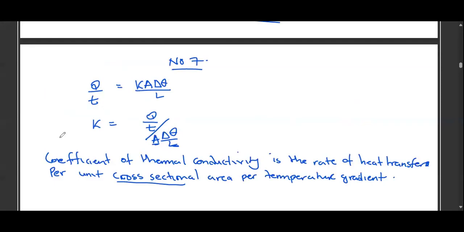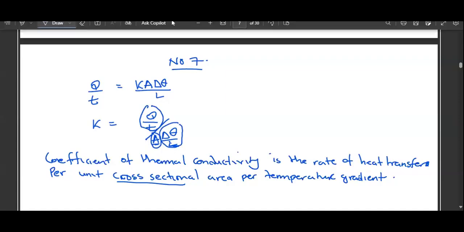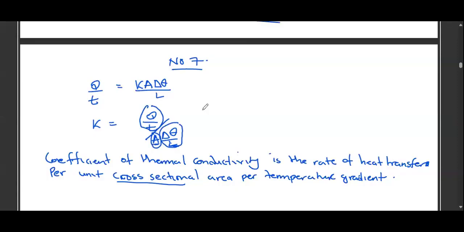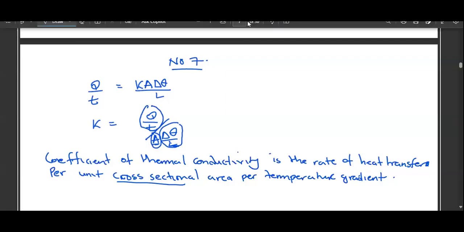Then from this formula, we can come up with a definition for coefficient of thermoconductivity as rate of heat transfer per unit cross-sectional area, because it is divided by area, then per unit temperature gradient, because this divided by this gives us temperature gradient. I gave the first formula to help us come up with a simpler definition. I think now it is clear.